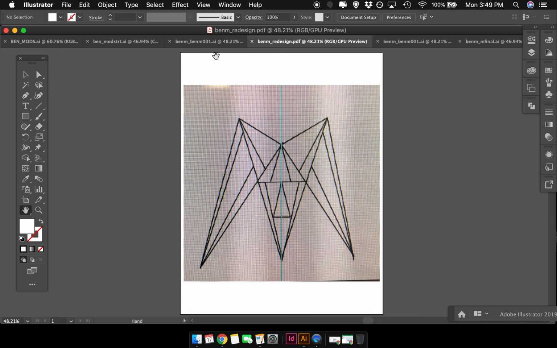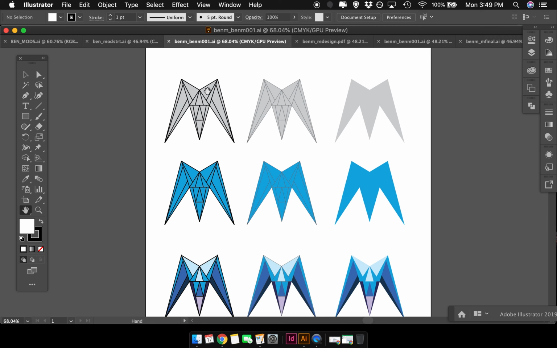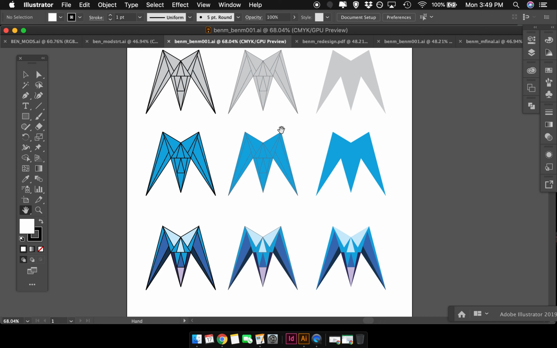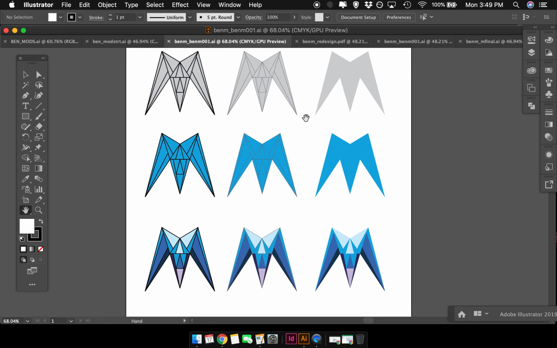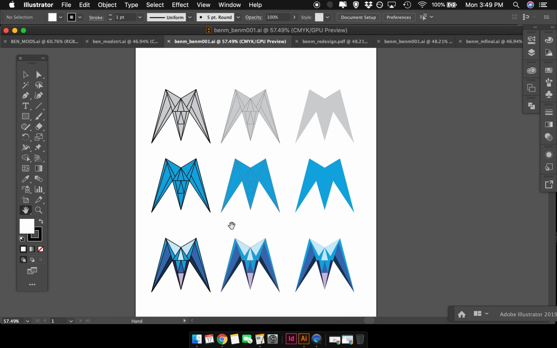But I took this into Adobe Illustrator, and this is what I came up with. I gave him samples of this to see how he would like. I gave different thicknesses of the lines to give him as many examples as possible.